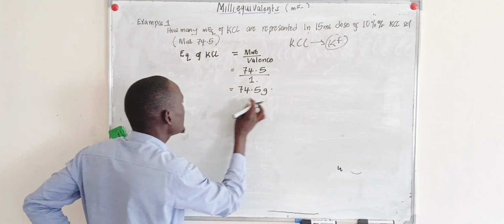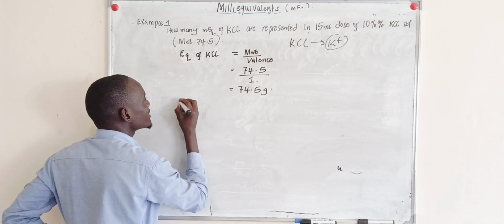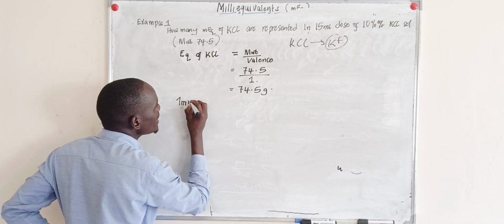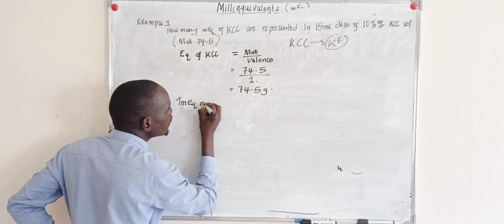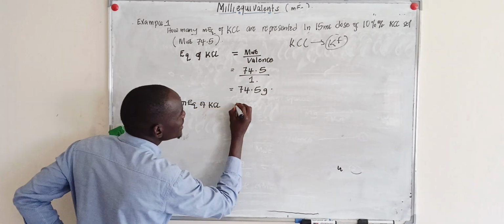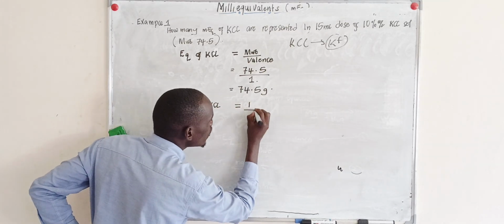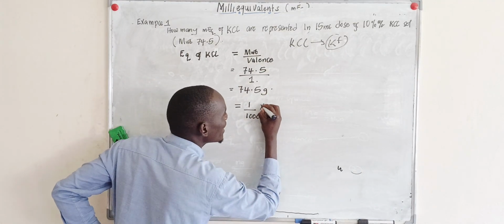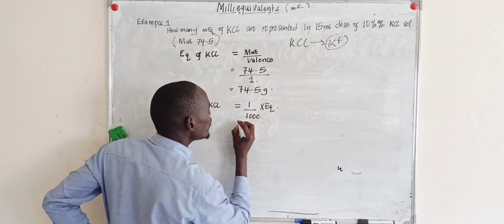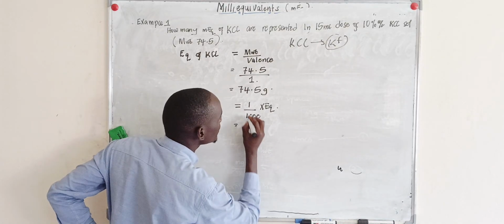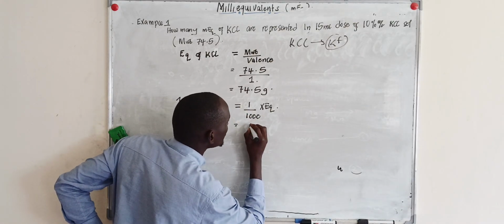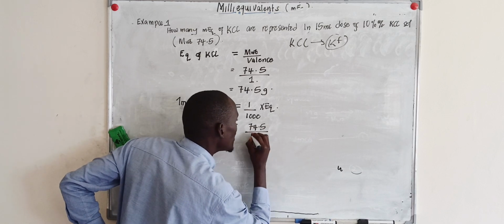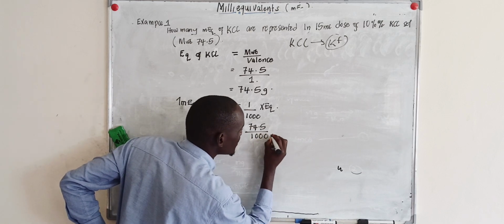So from here, we shall come and get the milliequivalent. But we know that 1 milliequivalent of potassium chloride is equal to 1 out of 1,000 times the equivalent weight. But we have obtained the equivalent weight, which in this case is 74.5 over 1,000.